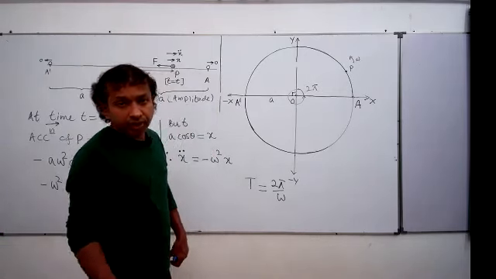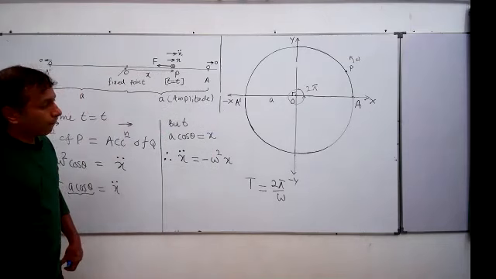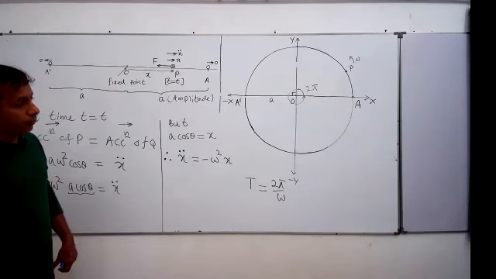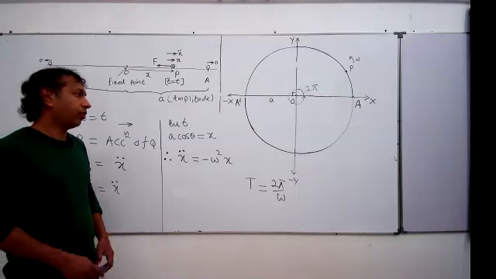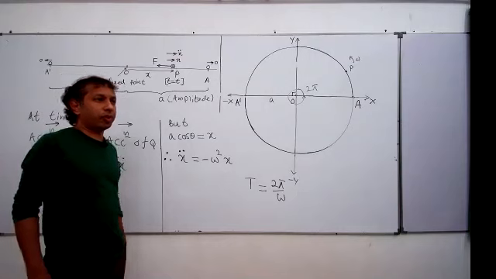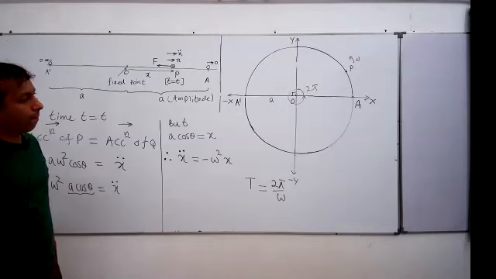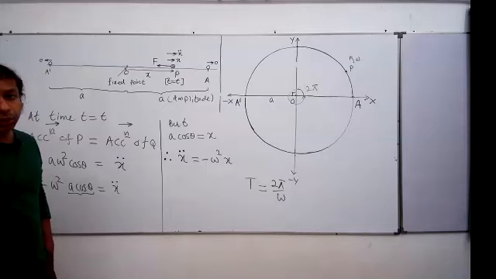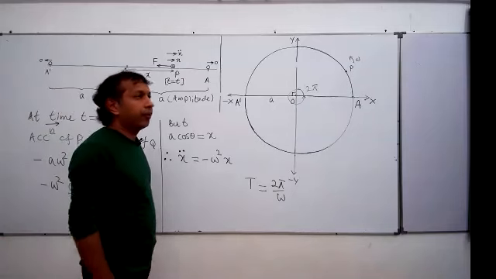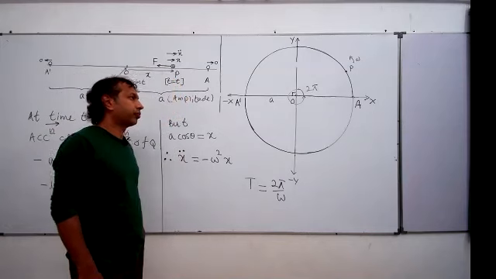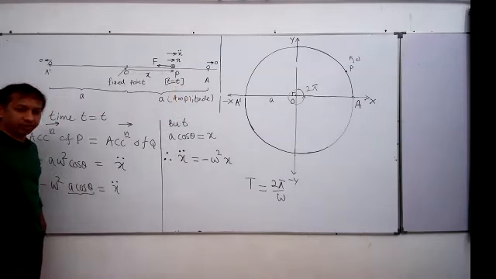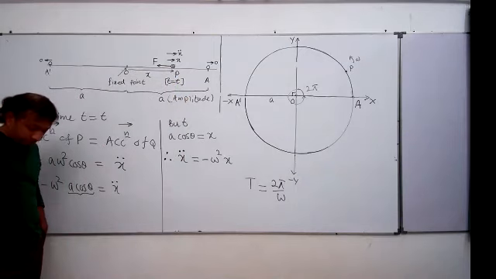Write down within record. Single oscillation is moving from capital A to A dash and back to capital A on the x-axis. Close bracket.